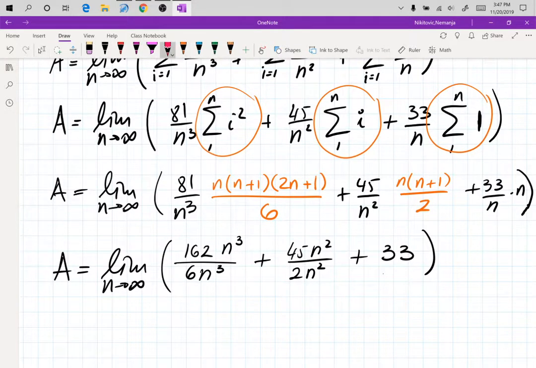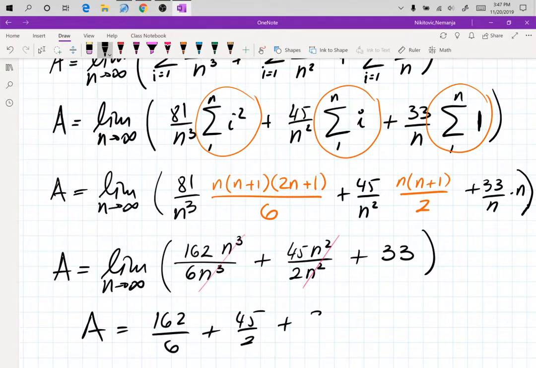Now you see that all of the n's will actually cancel, and the only thing you have to worry about is calculating 162 divided by 6 plus 45 divided by 2 plus 33 divided by 1, if you want a common denominator.